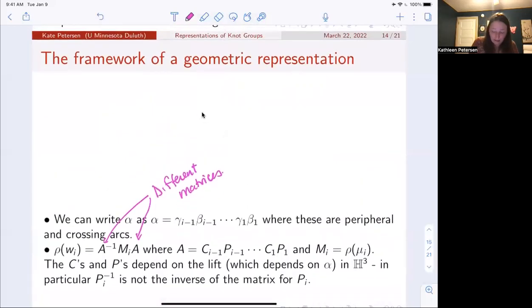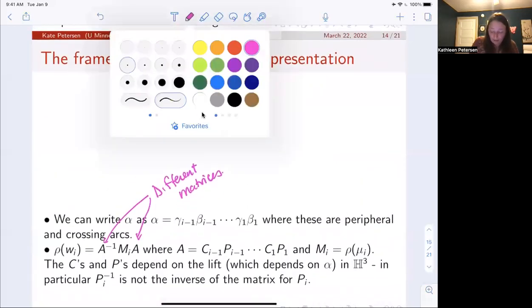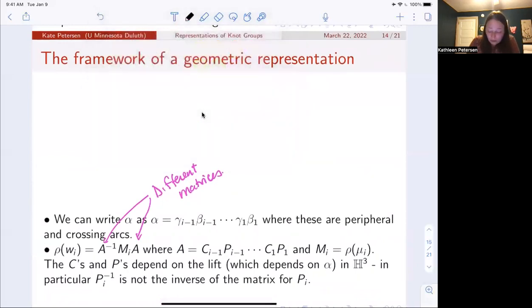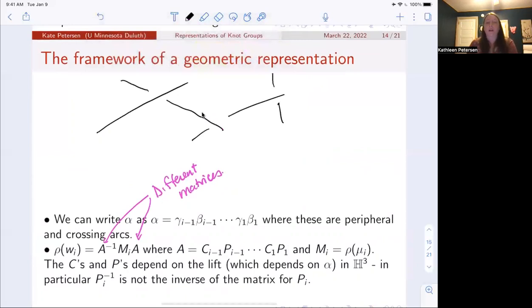Okay, I wanted to say just a remark about the left and the right sides. So I said that there's an ambiguity in the choice, and it's actually something you don't really have to worry about. So if you allow me to write my knot like this, let's say that I start here with my base point B, and I want to go around this edge to get my Wirtinger generator.